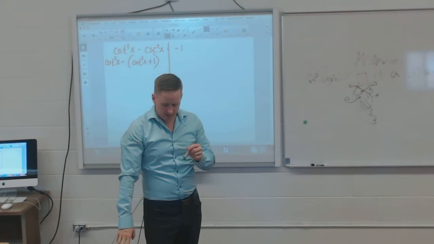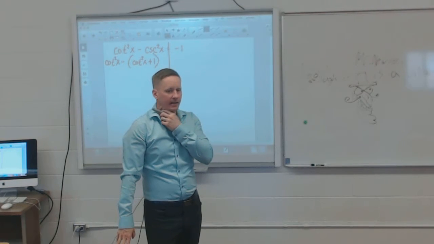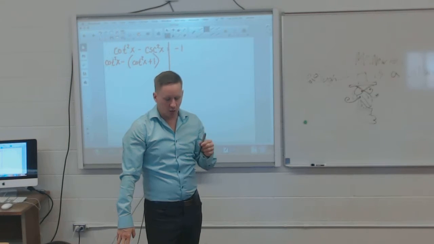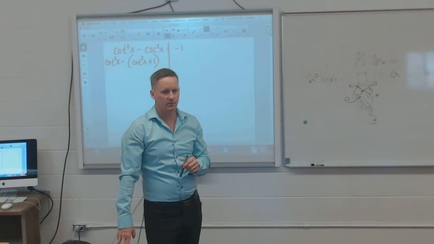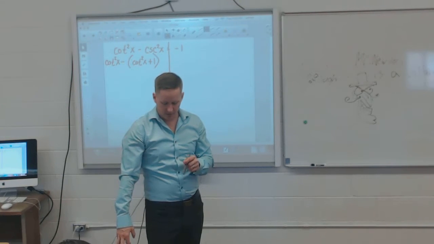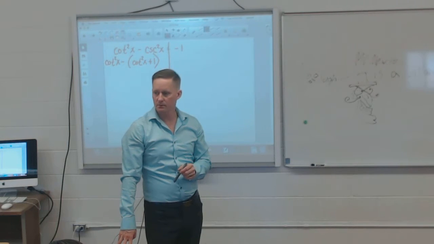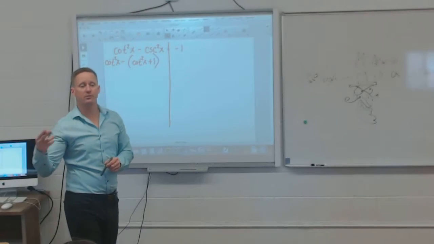So, look at that second identity. If I were to arrange it differently, what would cotan squared theta equal? Cosecant squared x minus 1. Yes. Okay, so you're allowed to do that.